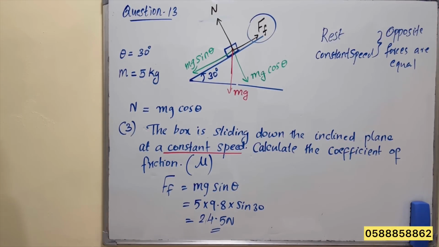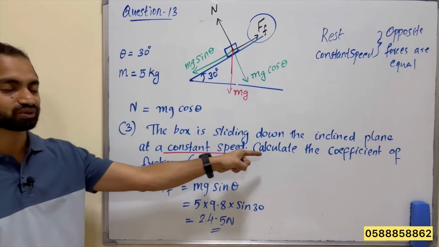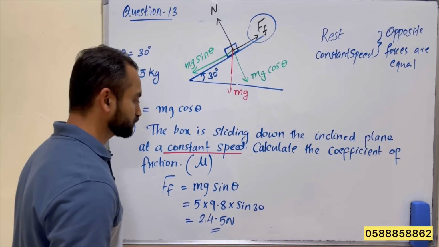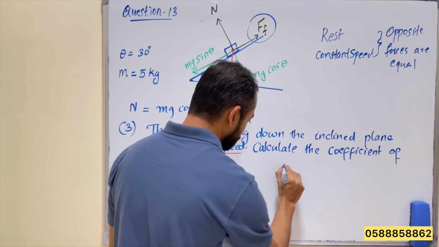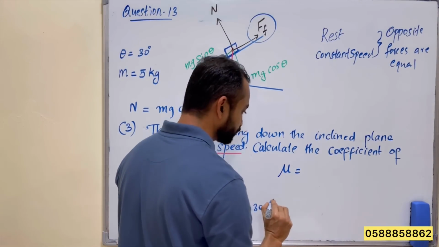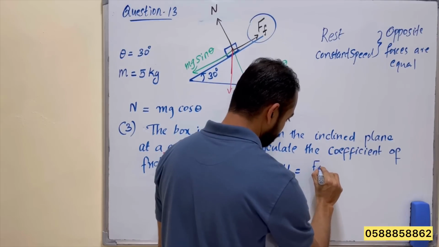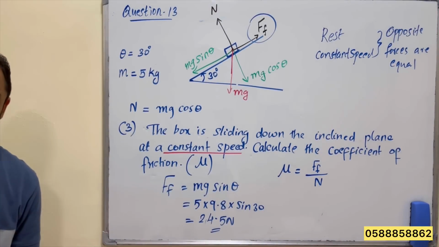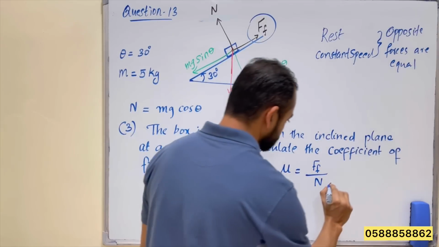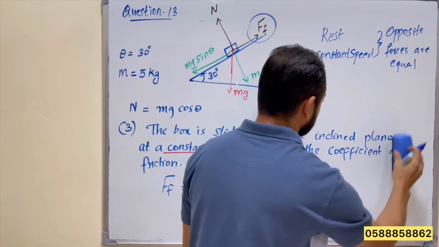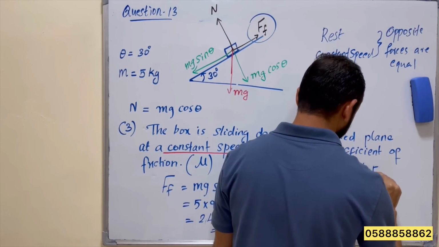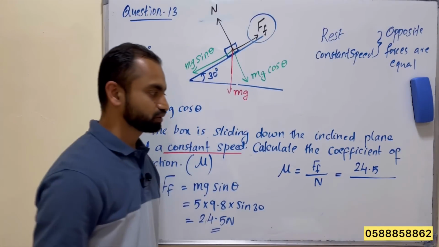So you calculated friction, but here you have to calculate the coefficient of friction. If you know friction, you know that coefficient of friction is always equal to frictional force divided by normal force. Frictional force you already calculated and you got 24.5, divided by normal force.